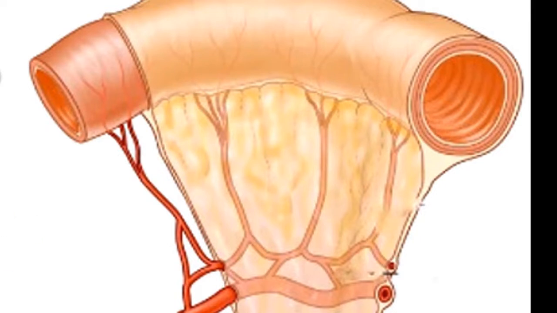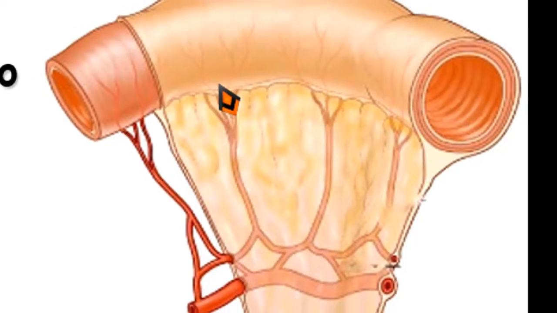Also, the arterial supply of the jejunum forms less branching and less network formation. We call it arterial arcades, and it has long vessels that travel through these arcades to reach the jejunum. We call it vasa recta.